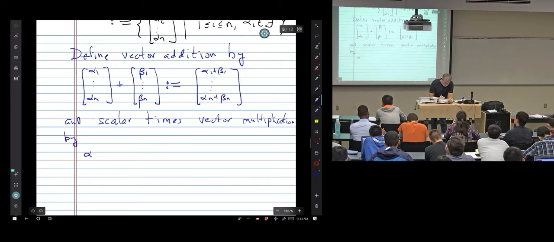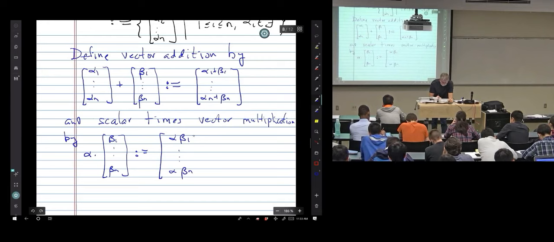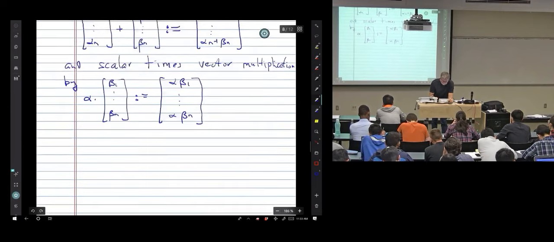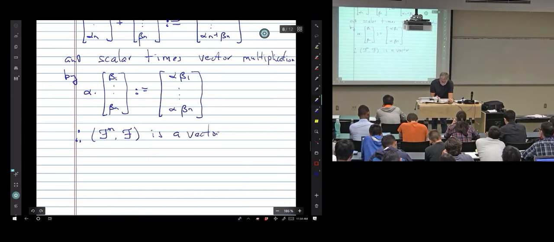By alpha times beta 1 through beta n, by definition equal to, and there's no surprises. Conclusion, F^n over F is a vector space.